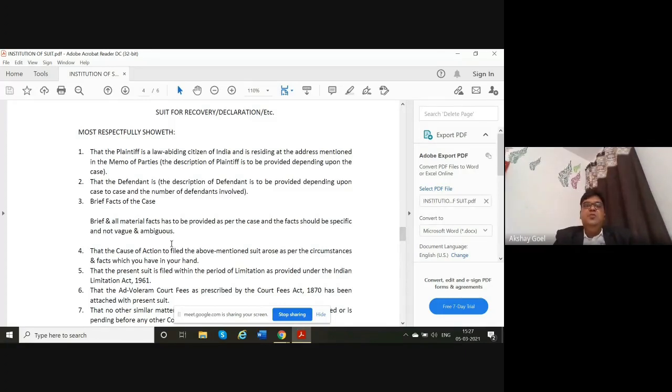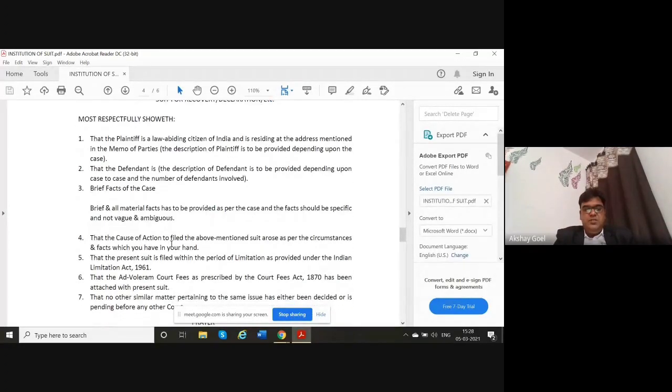So in case you have a suit where the value of the suit is 4 lakh 5,000, your court fees will be 6,396 rupees and 80 paisa. So you need to calculate according to the chart given as per the state. It varies in Haryana, it varies in UP, it varies in Madhya Pradesh, where you are studying. It varies in all the states.